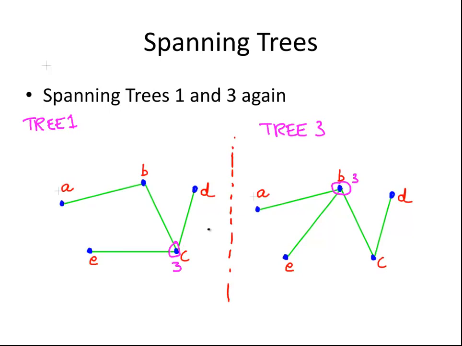So I'm going to connect them, so to speak. Now, they are connected to a degree 1, a degree 1, and a degree 2. Does that happen here? It does. There's degree 2 here, degree 1 here, and degree 1 here. And the one that is of degree 2, what's it connected to? Well, in both cases, they're connected to a vertex of degree 3 and a vertex of degree 1. So these two trees are isomorphic.